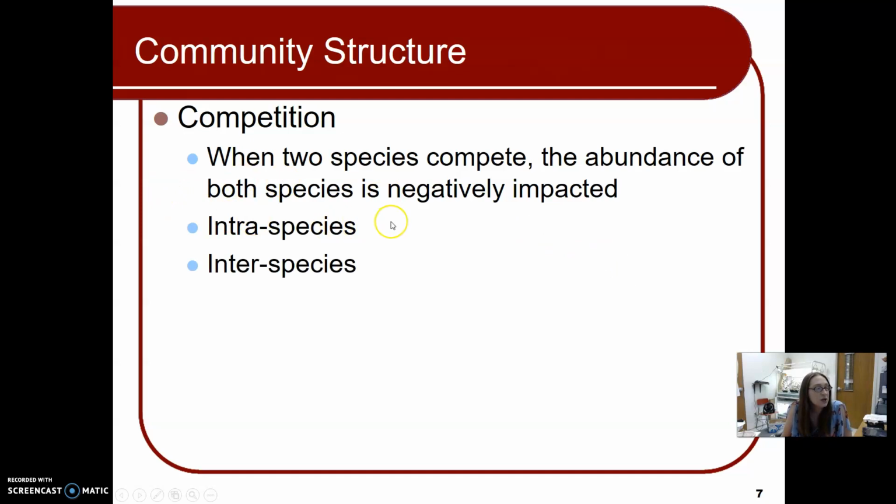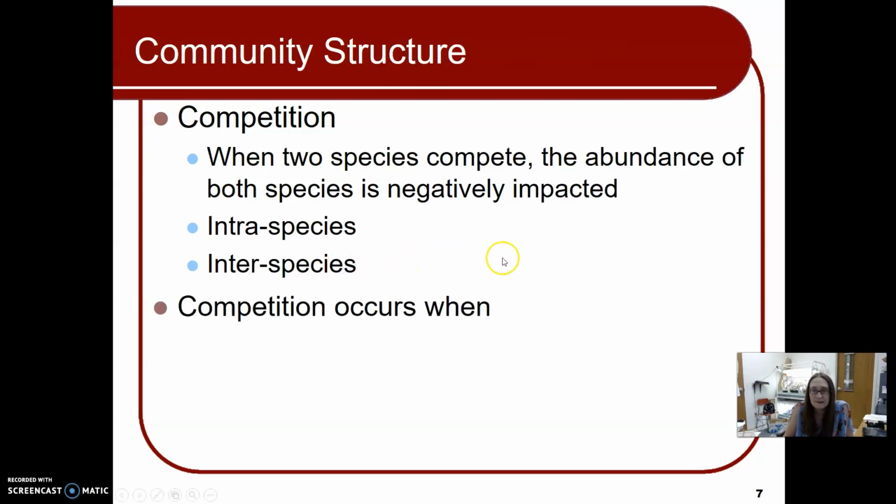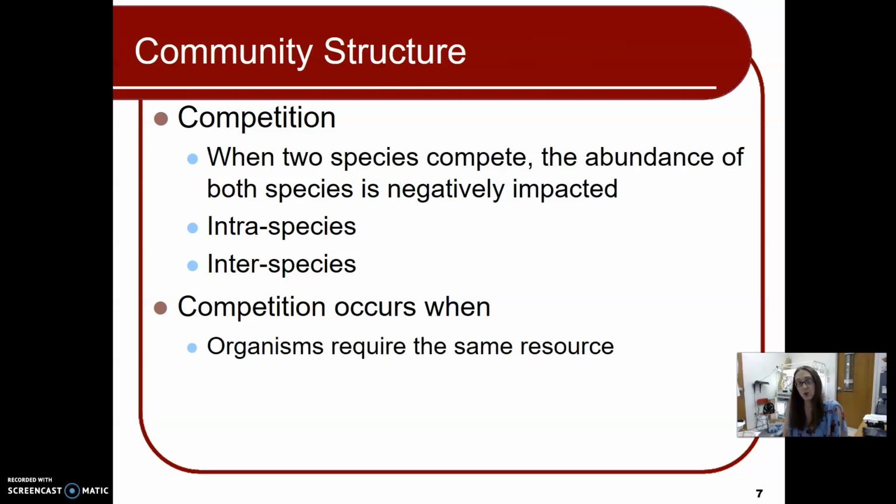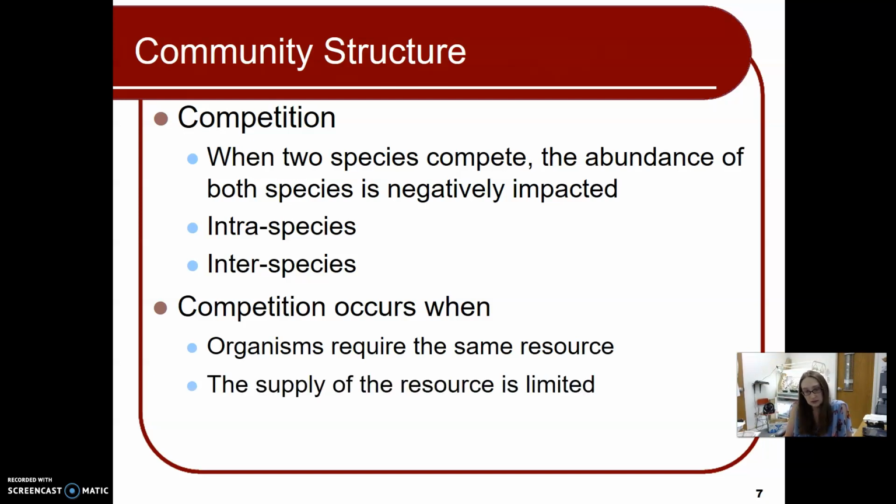Now, intraspecies means within a species. Inter is like interstate, involves both species or more than one species. And they compete with other species for food, water, nesting area. And this competition occurs when organisms require the same resource, if they eat the same food, drink the same water, and that supply of the resource is limited.